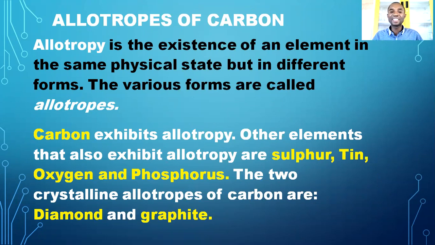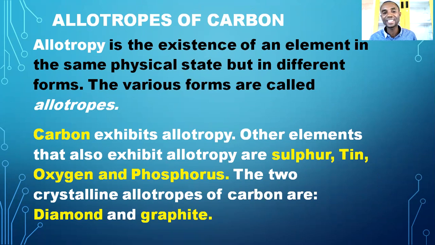It is the existence of an element in the same physical state, but in different forms. The various forms are called allotropes.